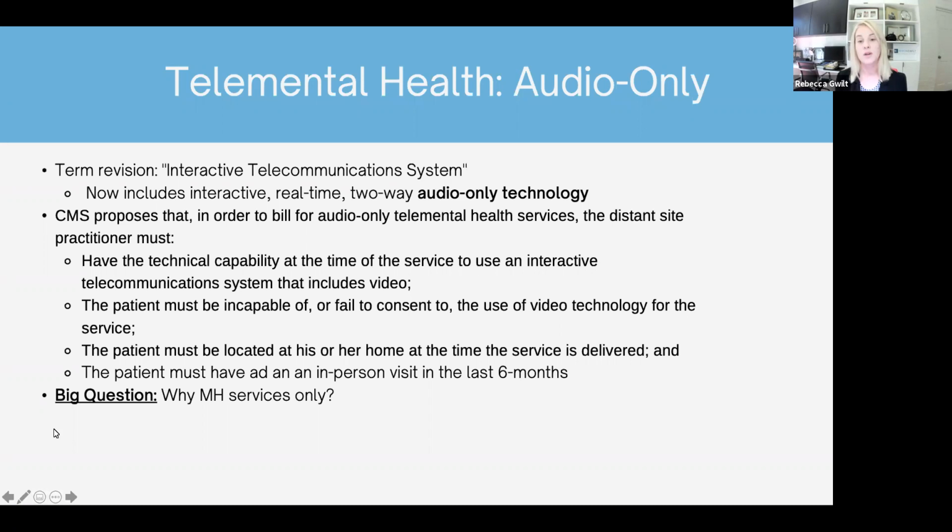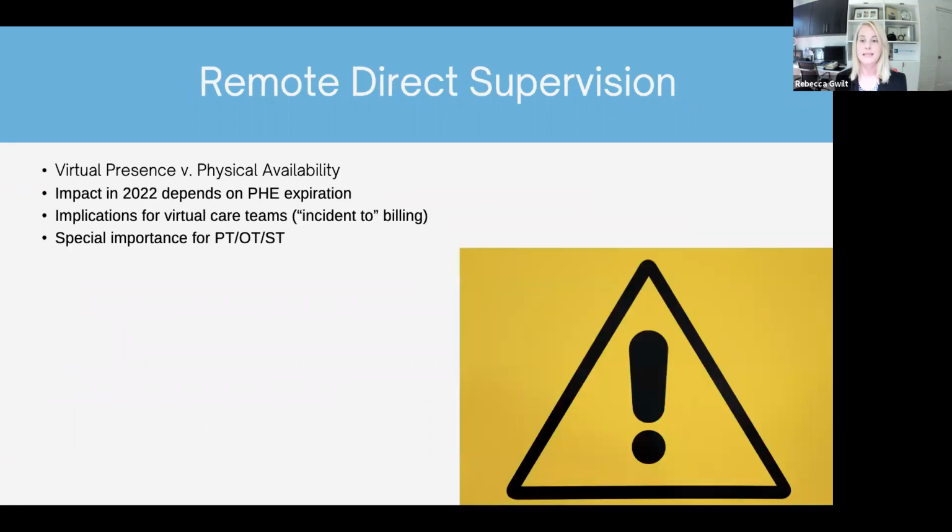And in the inverse, there are some mental health services that should require visualization of the patient. And so I think there's a big opportunity, even if you can't fix this legislative glitch, for folks to comment on the necessity to expand this term revision of interactive telecom system to beyond just mental health services. Next slide.